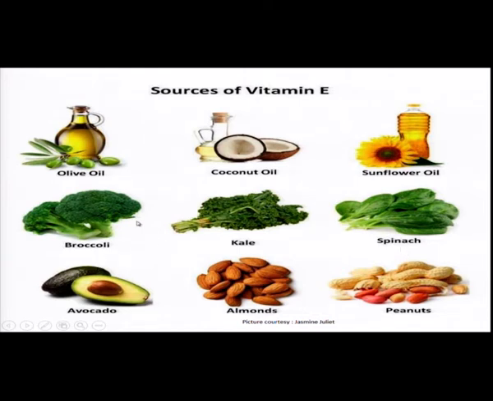Now in addition to that, you do have broccoli, kale and spinach, the green vegetables being a rich source of vitamin E. And you also have avocado, which is one of the richest sources of natural saturated and unsaturated fatty acids. And always remember, vitamin E, vitamin A, vitamin D are all lipid soluble.